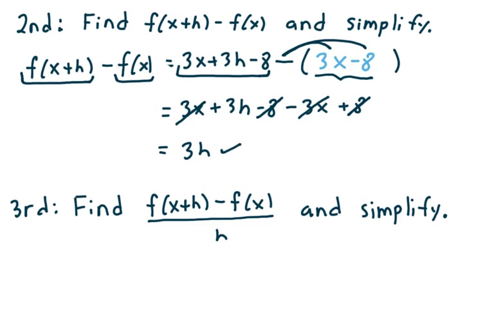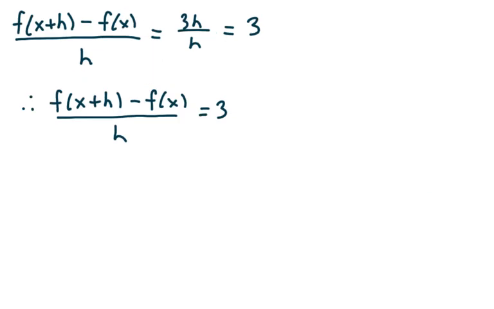Now we're all set for the final step. We want to find f of x plus h minus f of x, all over h. Now, f of x plus h minus f of x over h is equal to 3h over h, right? And f of x plus h minus f of x comes out of step 2.